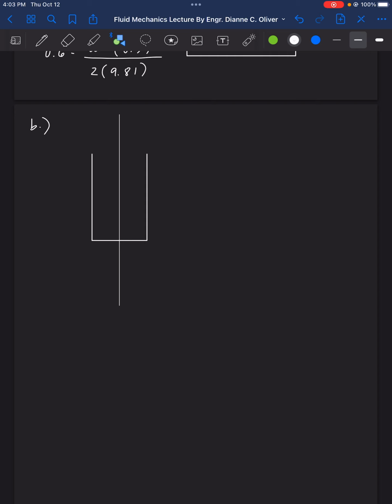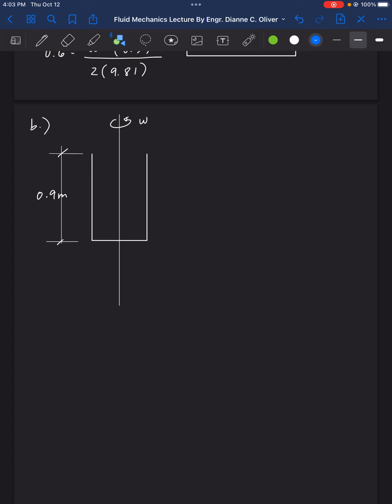So we have here omega. So while it's rotating this way, given the height of our container, it is 0.9 meter.